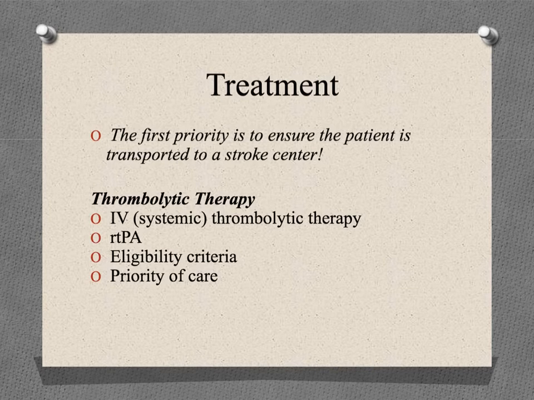If the patient is already on an anticoagulant, so basically their blood's already thin, it's a little risky to give them a thrombolytic. So there are some contraindications. The list of contraindications is getting a little bit smaller, but we do have to be somewhat careful in this eligibility criteria.